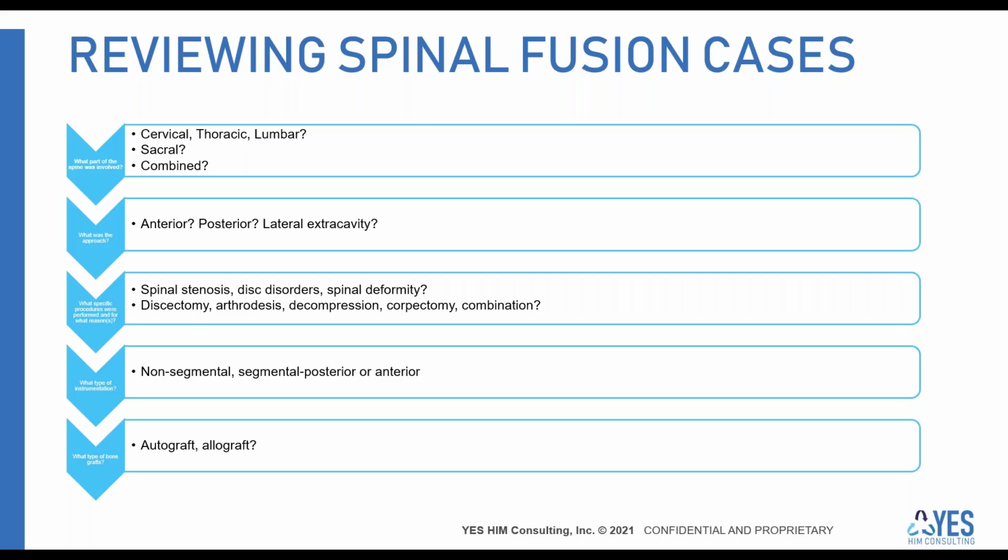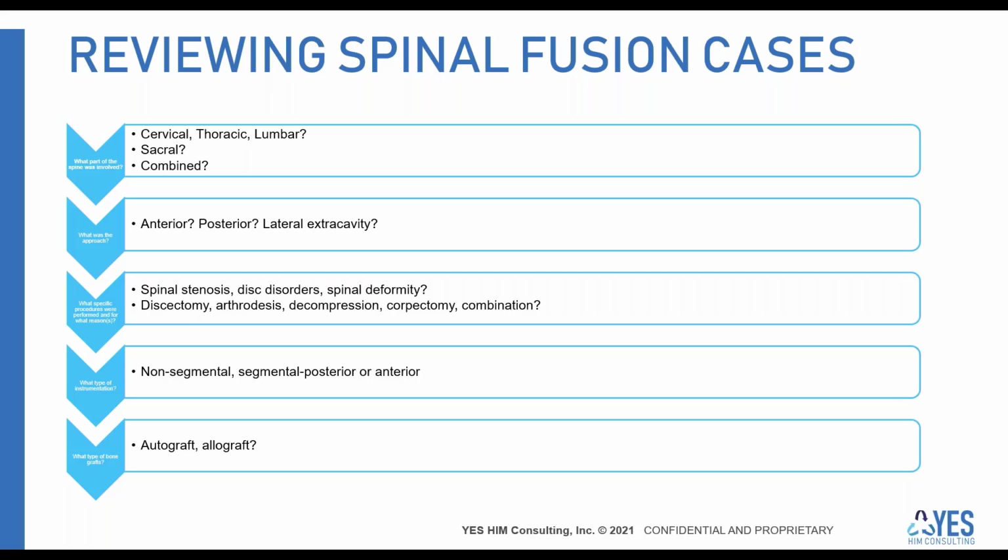What were the specific procedures performed and why were they performed? Was there spinal stenosis? Was there a disc disorder, a spinal deformity? Because now we know that would take us to a different set of codes. Was there a discectomy performed, an arthrodesis, a decompression, a corpectomy, or some kind of combination? So once you identify those, you can really start to narrow down the correct CPT code.